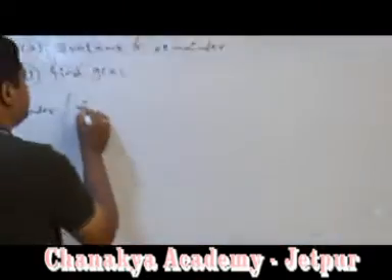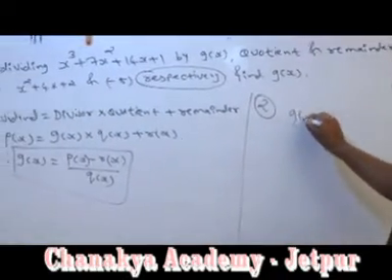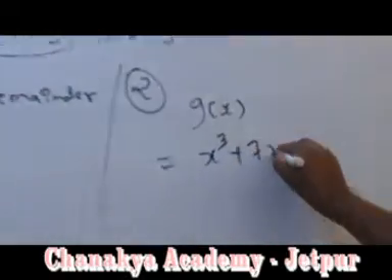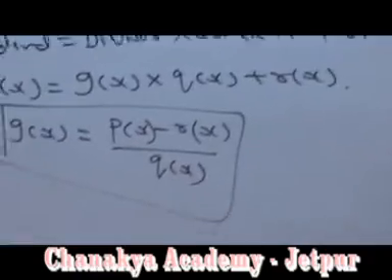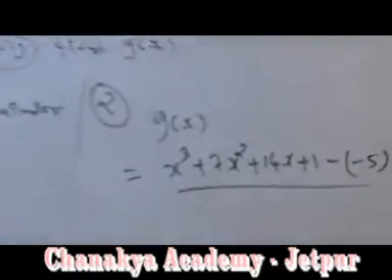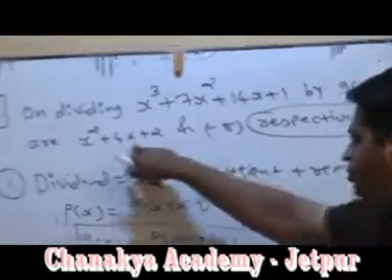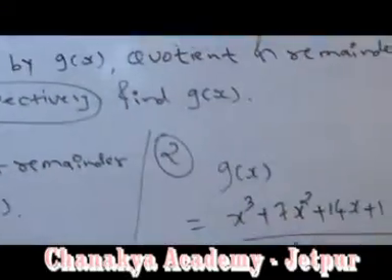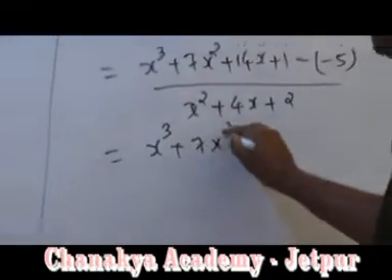Now in step 2 we are substituting the values: g of x equal to p of x, which is x cube plus 7x square plus 14x plus 1, minus r of x, which is minus 5, divided by q of x. q of x is x square plus 4x plus 2.